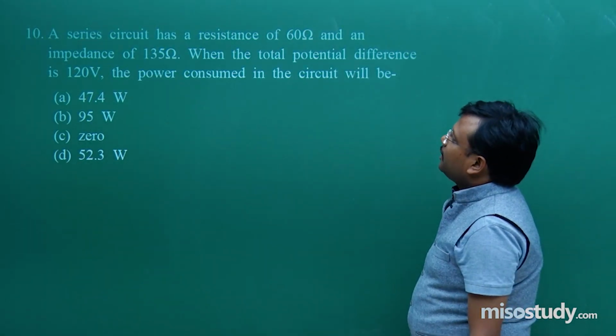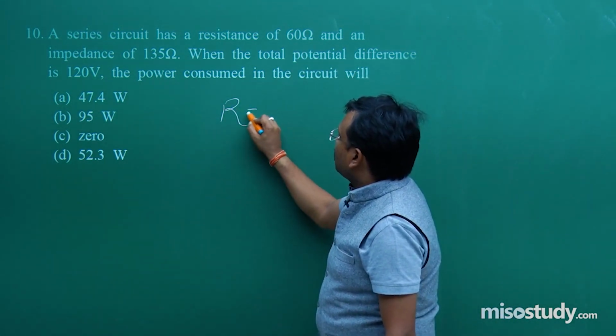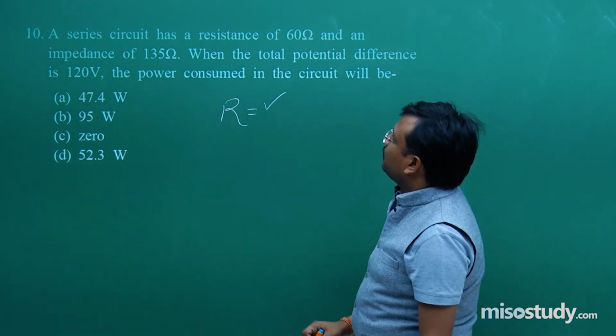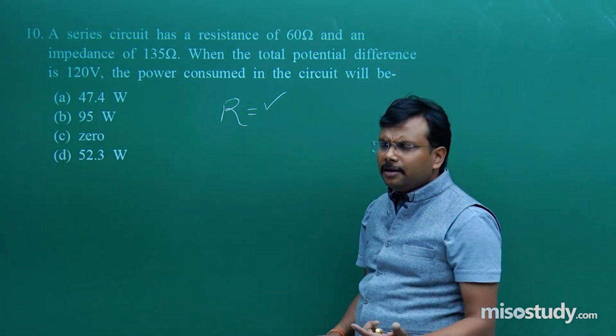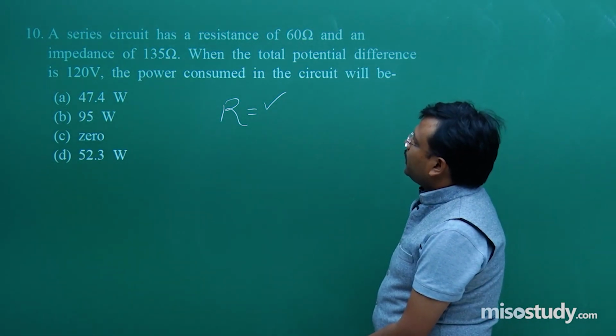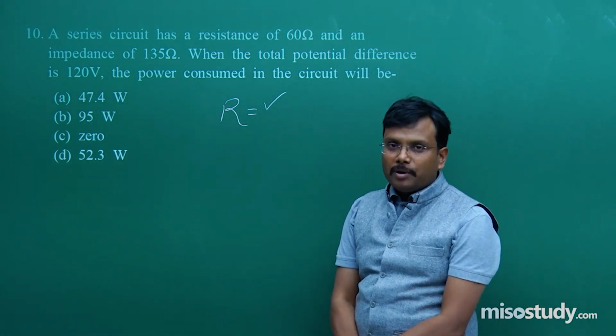A series circuit has a resistance R of 60 ohm and an impedance Z of 135 ohm. When the total potential difference is 120 volt, the power consumed in the circuit is how much?